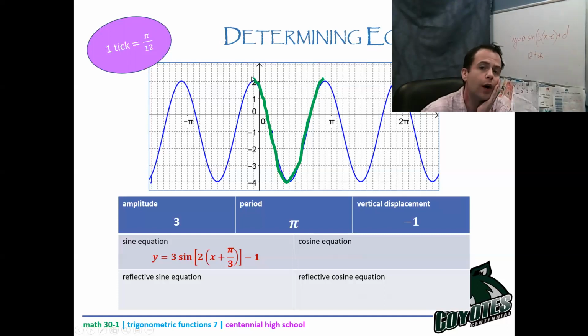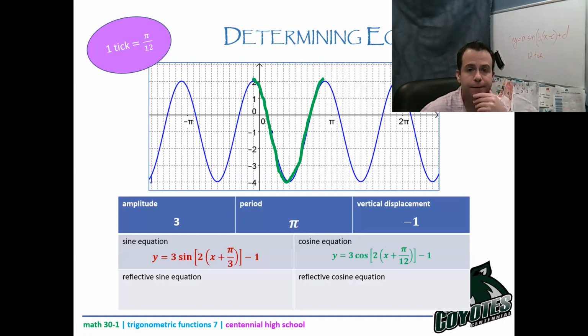So I've shifted 1 tick mark over to the left. A reminder that 1 tick is pi over 12. So that means I have a c value here of negative pi over 12. When it goes into the equation, it will be x minus negative pi over 12, just like every transformation equation that you've done. And so that's going to end up being x plus pi over 12.